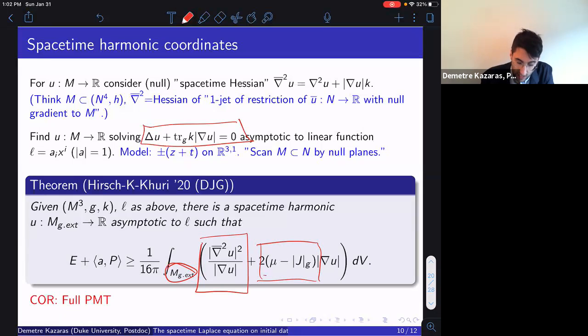So as a corollary, if the dominant energy condition is satisfied, mu minus norm J greater than or equal to 0, then the right-hand side is definitely going to be greater than or equal to 0.